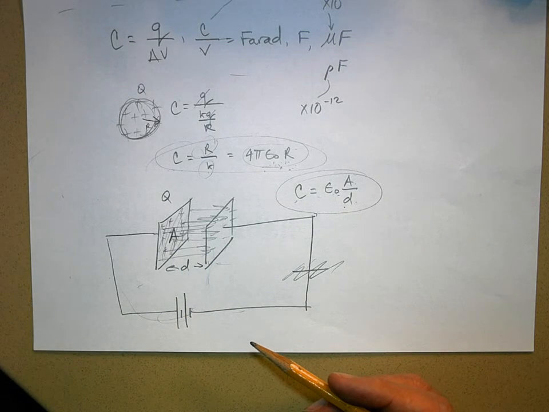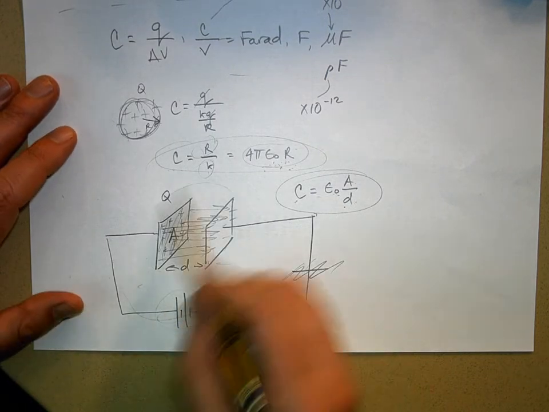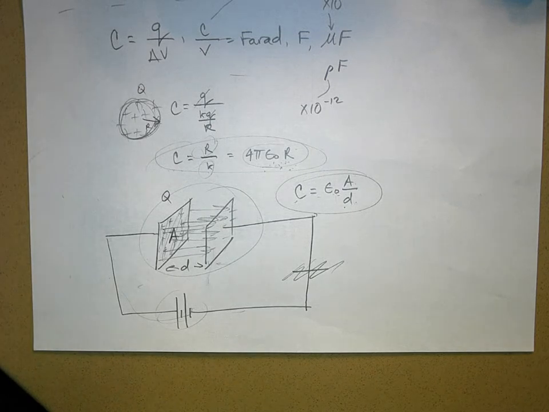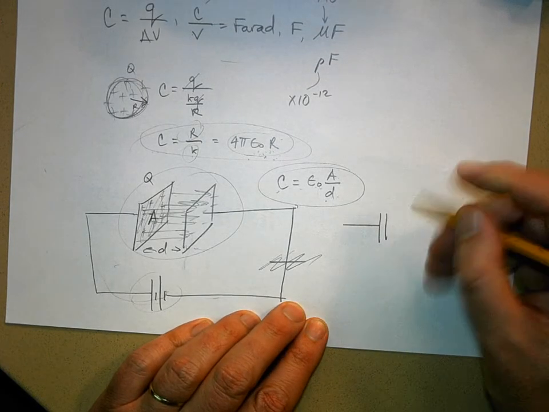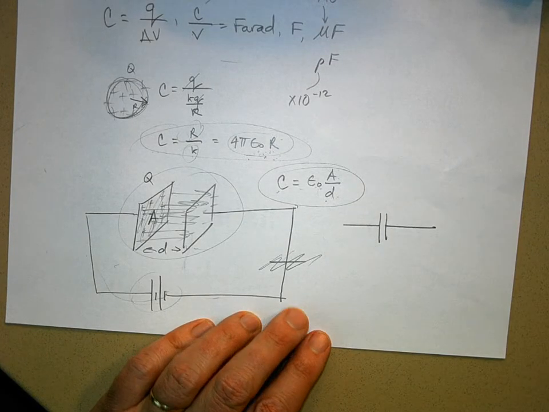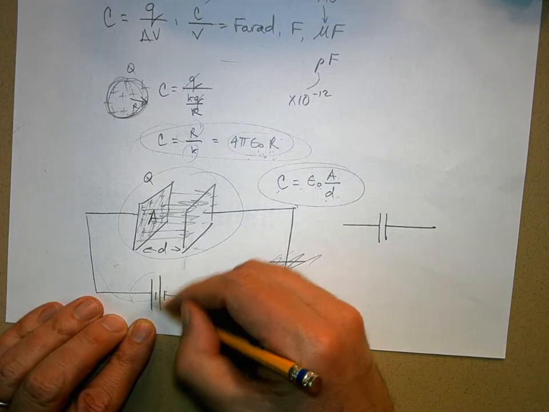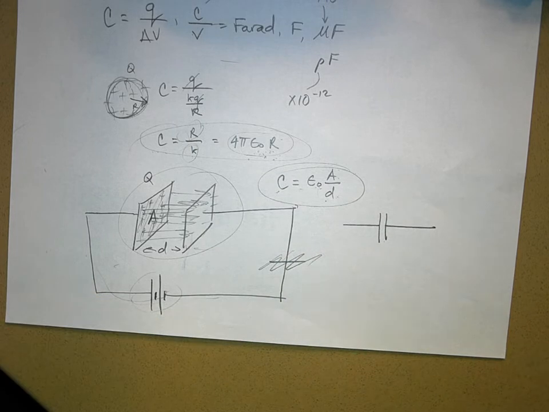Parallel plate capacitors are so common that we use a cross section of a parallel plate capacitor as the symbol for a capacitor. It just looks like this, right? Now you might think, what about this? No, these are not the same.